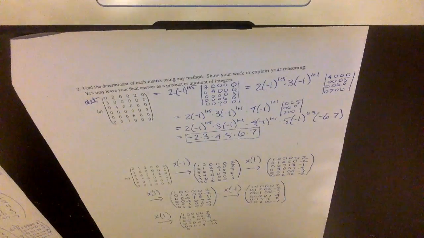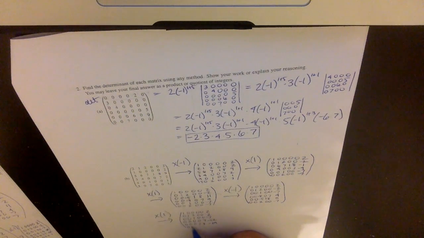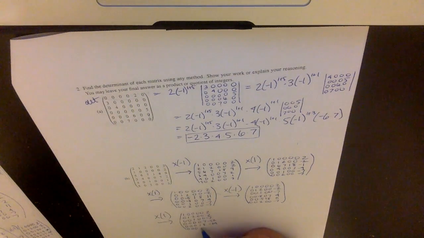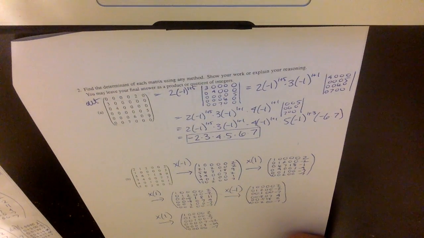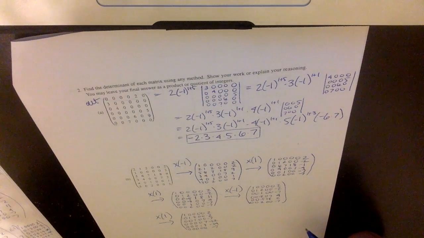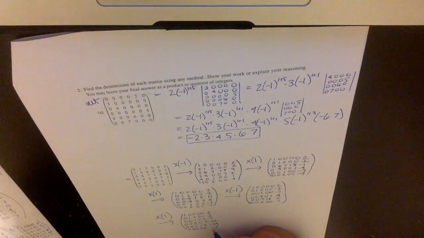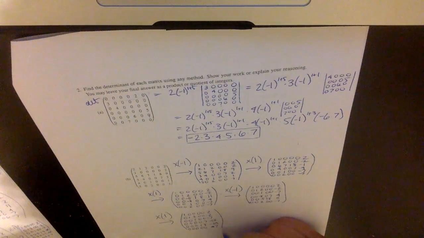So row 6 minus 2 row 3 is 0, 0, 0, 0, 0, 7. Oh, sorry, positive 7, not negative 7.